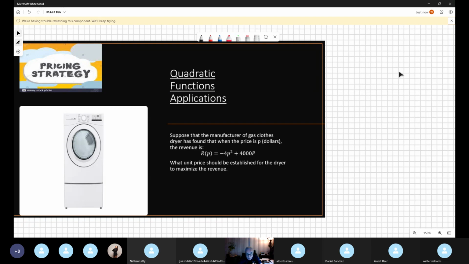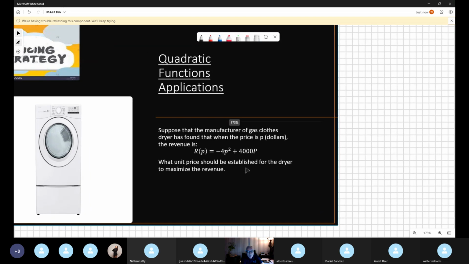How do you know it's a quadratic equation? Because you have P squared, you see exponent 2. Obviously, it's a quadratic equation.